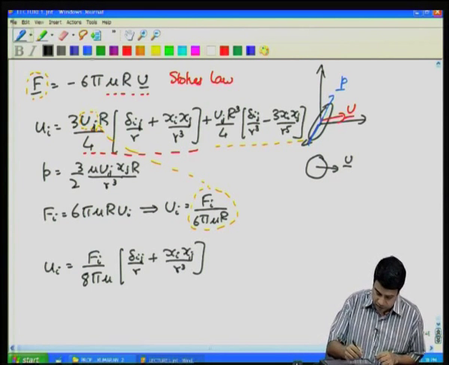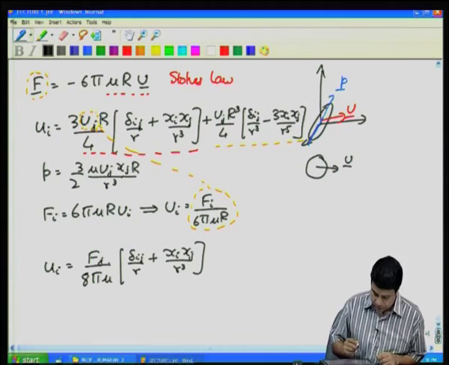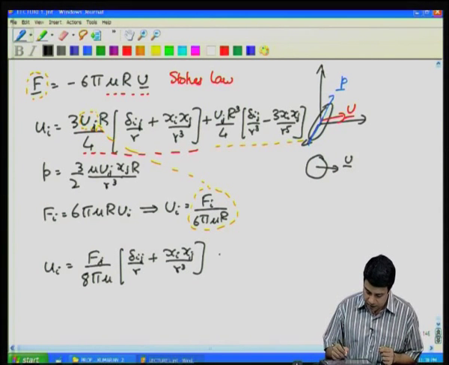I am sorry, there should be an F_j there. F_j by 8 pi mu times this, and similarly I can insert it in the expression for the pressure as well.